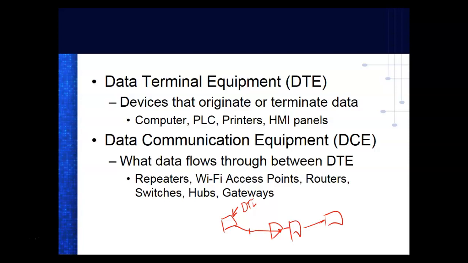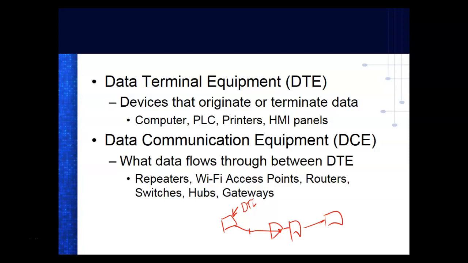What the information flows through to get between the DTEs is what we call data communication equipment. The actual equipment that originates the data and receives the data being transmitted over the network, these are what we call data terminal equipment.